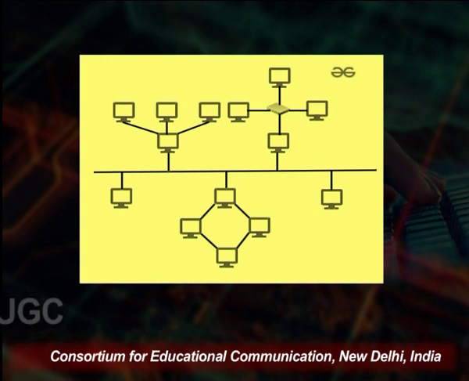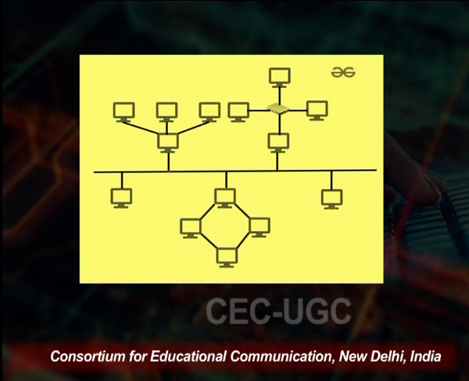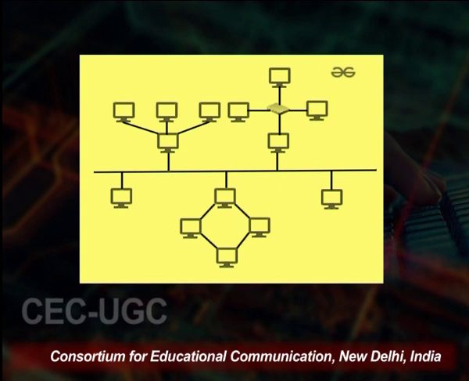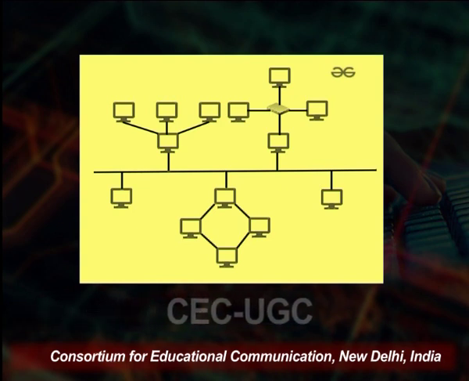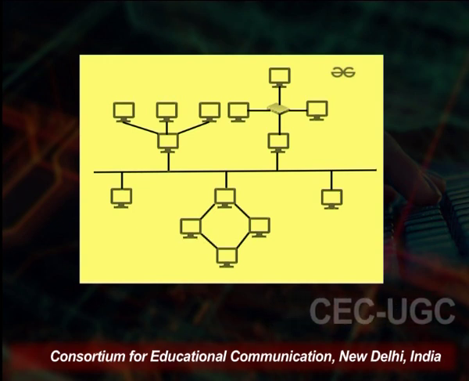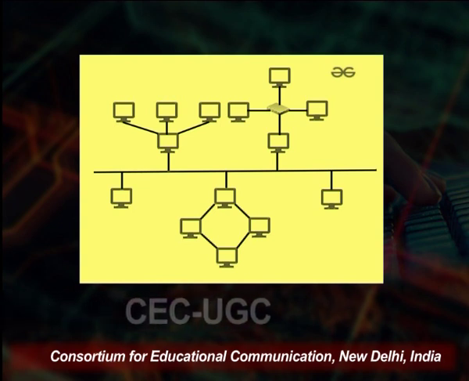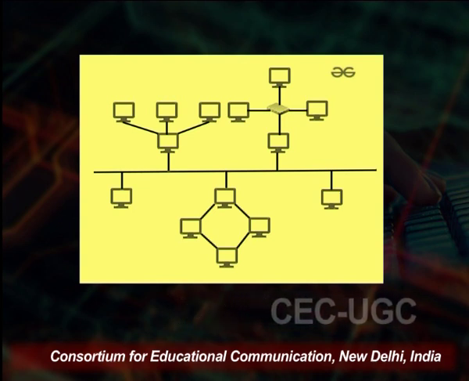Then on the lower side, we can witness one ring topology, and all these three topologies are connected, if you can see, with the help of a single backbone cable, which is forming the structure of a bus topology. So, here different topologies, which are tree topology, star topology and ring topology, are connected using the structure of the bus topology. So, that is a perfect example of a hybrid topology.